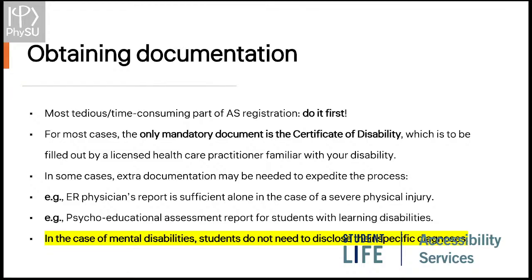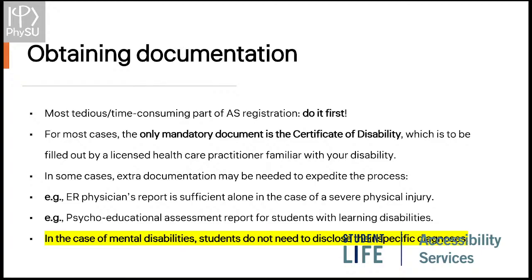But there are a few exceptions. Those exceptions include if you're a person who has a physical injury, you are allowed to submit an emergency room report of your injury and how it affects your education, in order to gain accommodations instead of a certificate of disability.